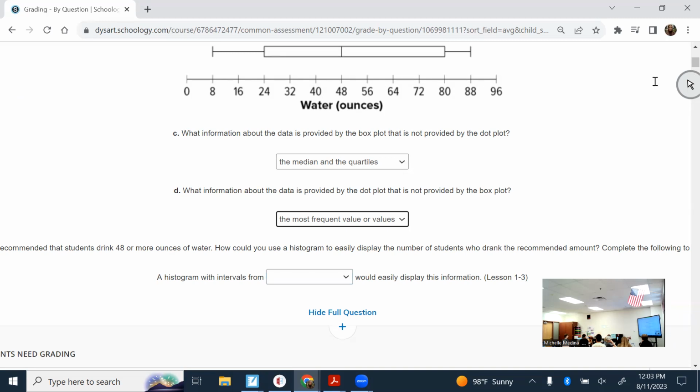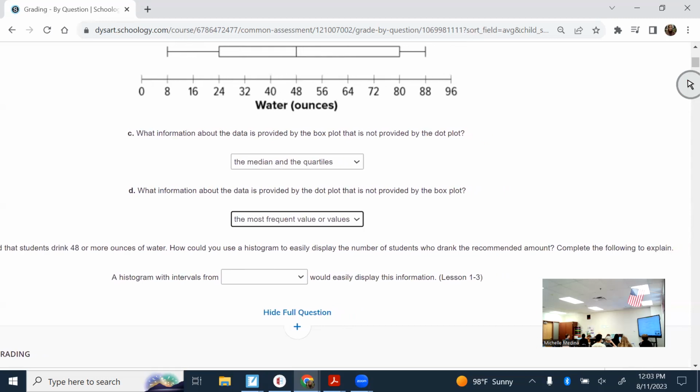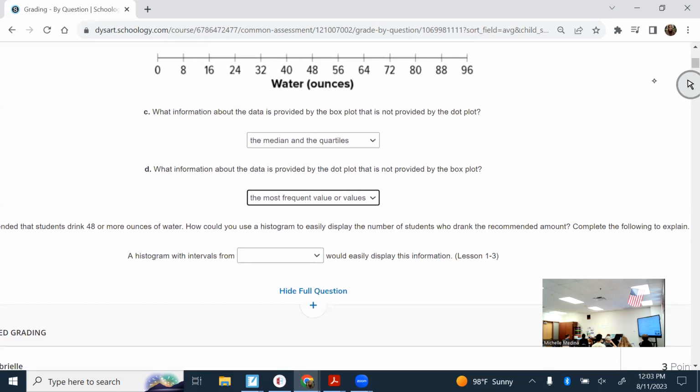Now this one, it's recommended that students drink 48 or more ounces of water. How could you use a histogram to easily display the number of students who drink the recommended amount? So a histogram with intervals from, and you only have 2 options, would easily display this information. If my recommended amount is 48 ounces and I'm trying to show who met that amount, would I want it to go from 0 to 48, then 48 to 96?